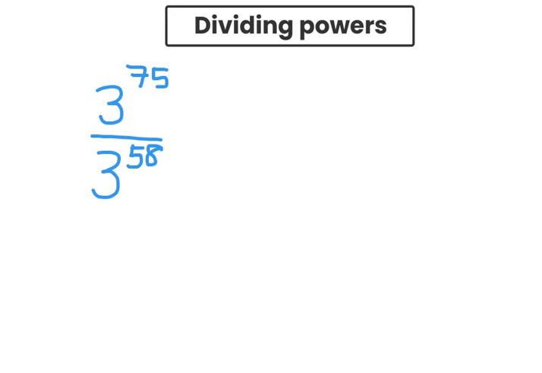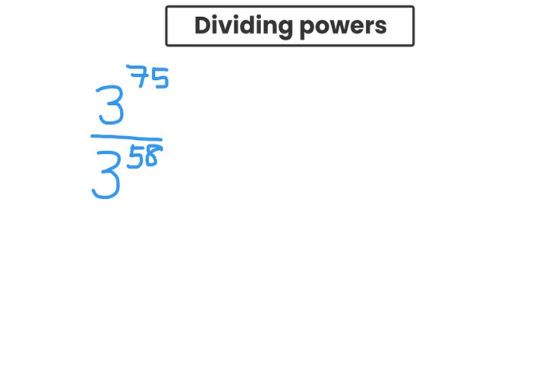So if we imagine that we expanded this power, we would have 75 threes being multiplied together at the top, and we'd have 58 of them at the bottom, which means that 58 of these threes would cancel with 58 threes here at the top. And so what would be left?